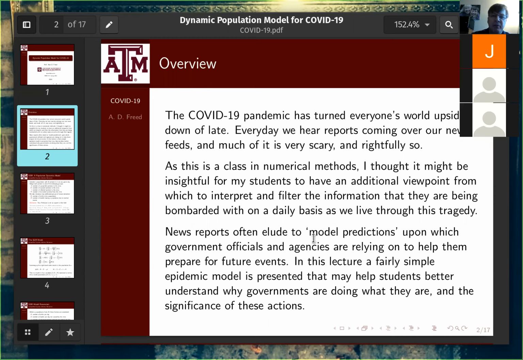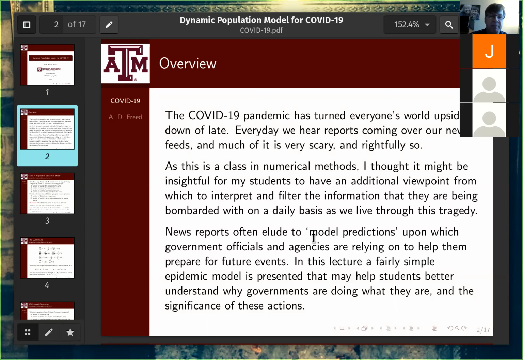So we've been studying numerical methods, and this problem is a numerical method. I thought maybe if I presented a version of a model that's appropriate, it might provide you an alternative way of looking at this COVID pandemic from a different perspective, maybe to provide a little more insight and understanding.